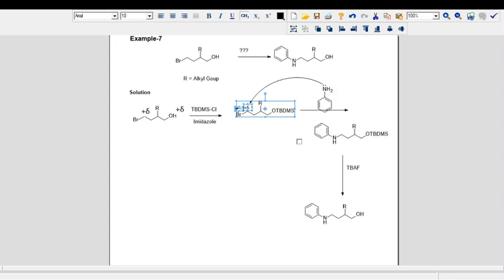Alkyl halides react with amines. Alkyl halides react with metals to form corresponding organometallic compounds. They react to form Grignard reagent. And Grignard reagent itself has a number of synthetic applications. So let's move towards the formation of Grignard reagent.